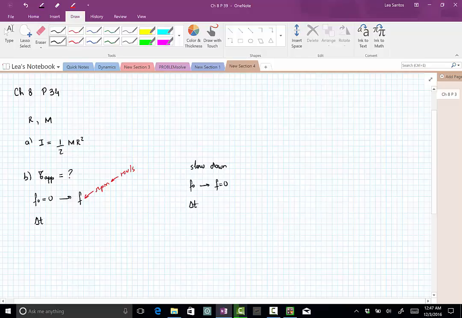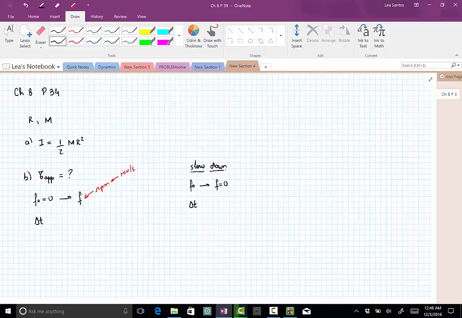And again, the frequency is in RPM and the delta t is in seconds, so careful with the units. So if it's known to slow down if it's left by itself, that means that we don't have only applied forces in this problem, we also have friction involved.